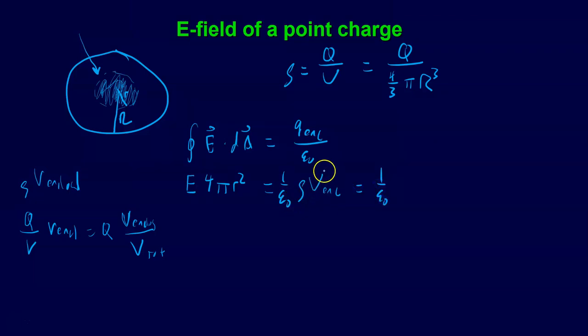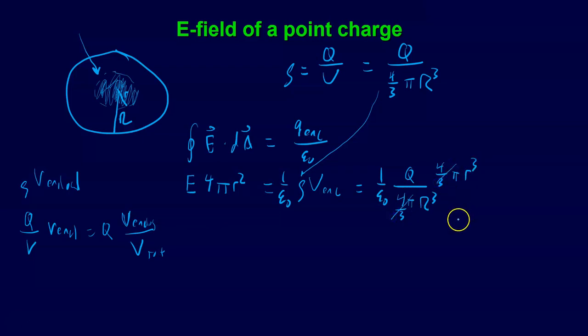If I plug everything in here, for my rho I'll plug this in. So I get Q over 4/3 pi capital R cubed, and then my V enclosed is just 4/3 pi little r cubed. That's again this ratio of the volumes. Here I can cancel out the 4/3 pi.